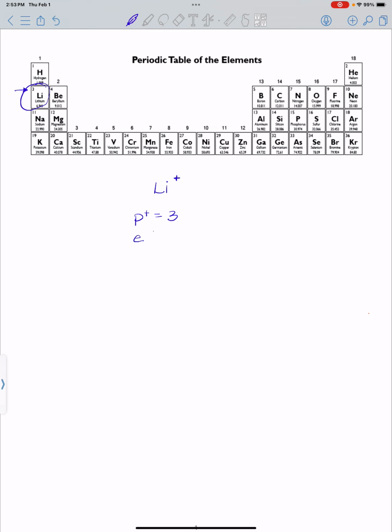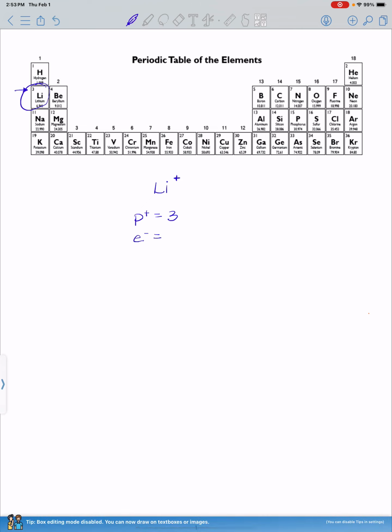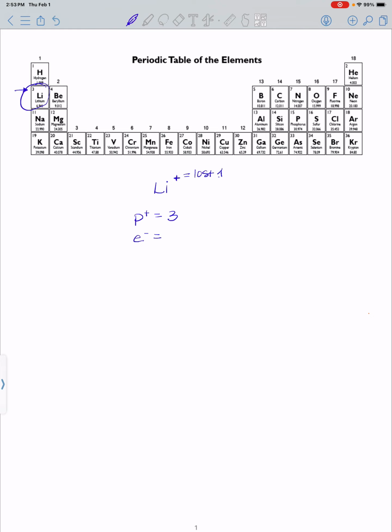If there was no charge here, lithium would also have 3 electrons. However, it bears a positive charge, meaning that it lost 1 electron. It lost a negative charge, and therefore it has an extra positive charge. So in this case, we have 2 electrons.